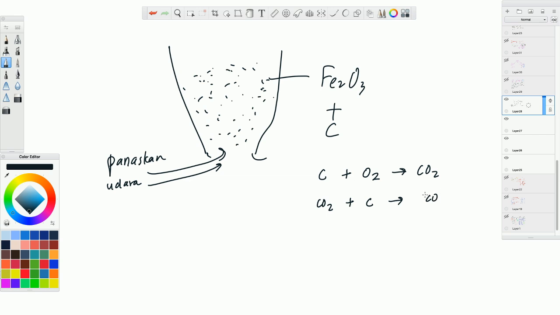Karbon monoksida ini akan mencuri oksigen ferrum 3 oksida menjadi ferrum dan karbon dioksida.